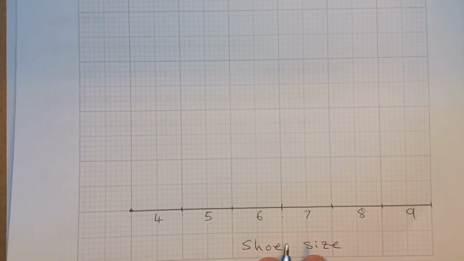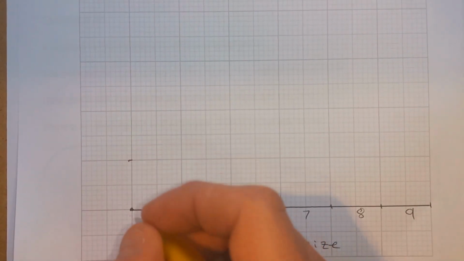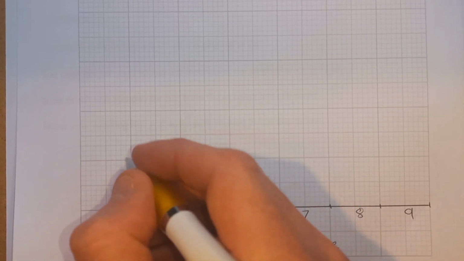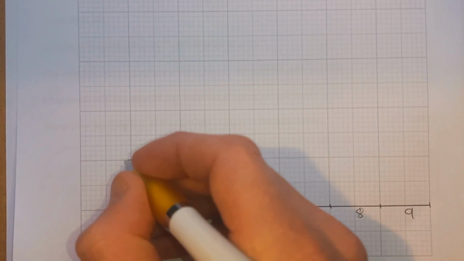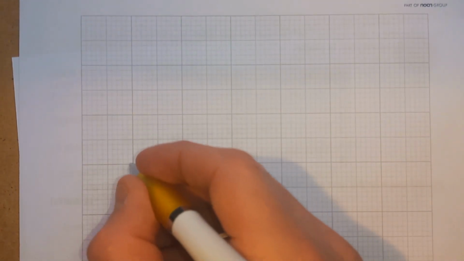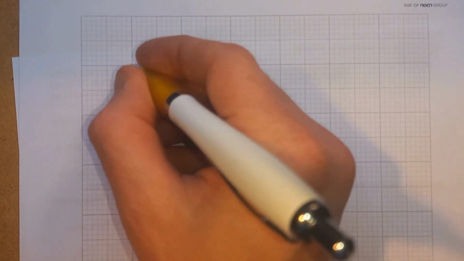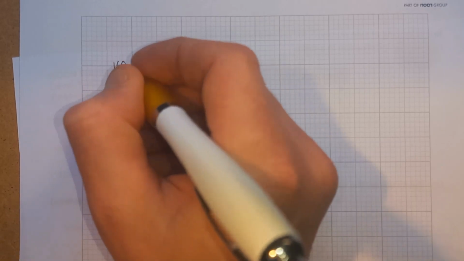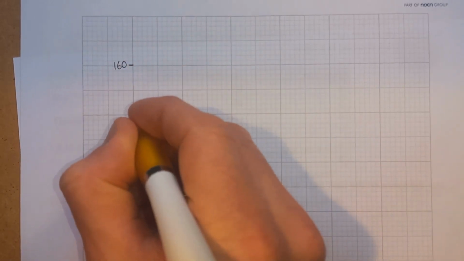So maybe instead we could fit twice as many, so maybe you go up in 20s. So that's going to be 0, 20, 40, 60, 80, 100, 120, 140, 160. Yep, that'll work. We needed to go up to 159, so 160 is going to be high enough.